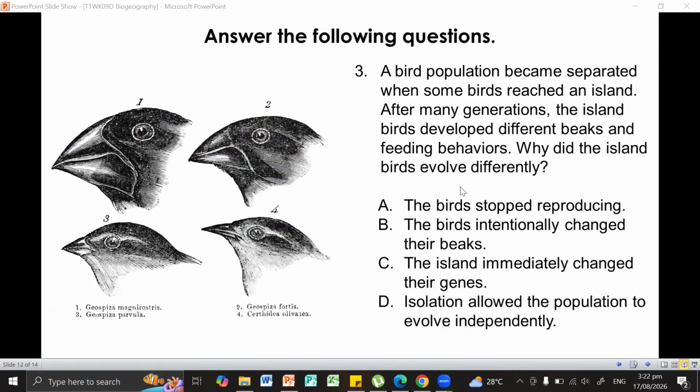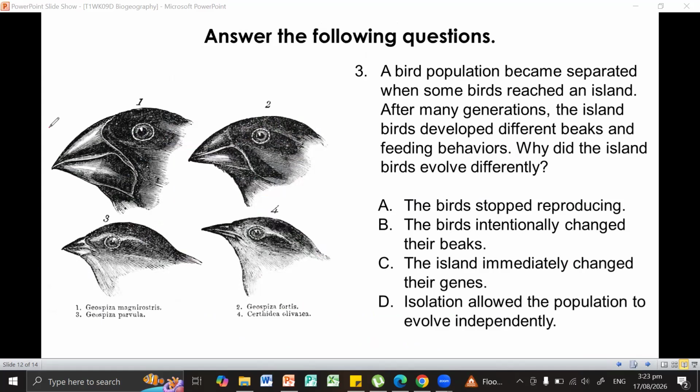A bird population became separated when some birds reached an island. After many generations, the island birds developed many beaks and feeding behaviors. Why did the island birds evolve differently? As you can see, we have four birds here, two of which have small beaks, which are three and four. If you have small beaks, you can only eat small size of food.